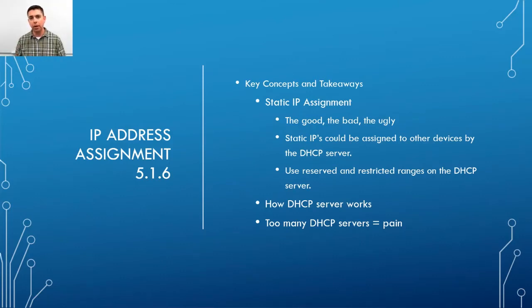And so then you have an IP conflict, and you'll get reports of either computers or printers or whatever going offline. So that's the bad. So you definitely want to make sure that you put reservations in DHCP, or that you have a restricted range.